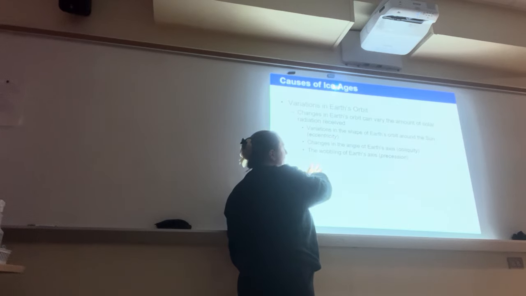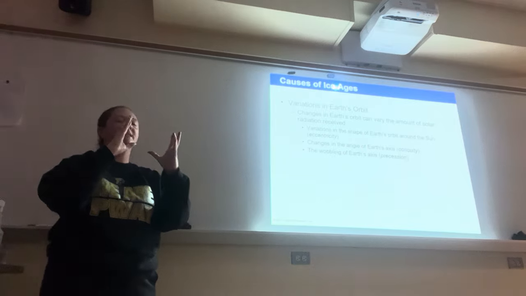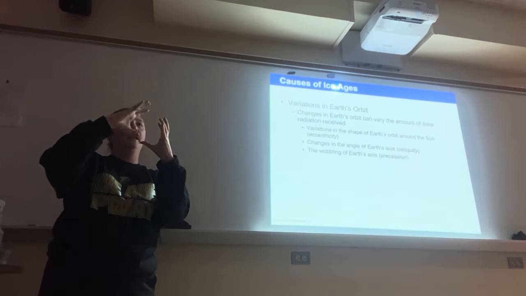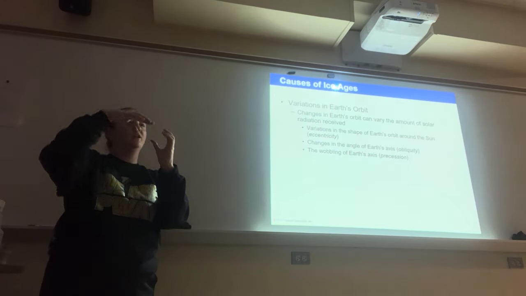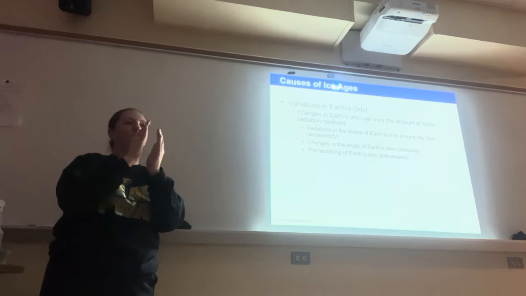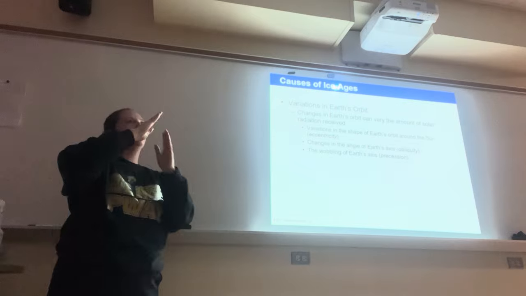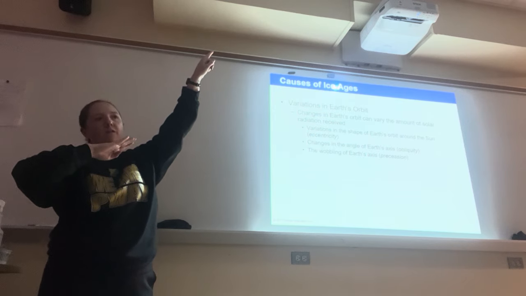But the last Milankovitch cycle is known as precession, and this is the wobbling of Earth on its axis, and this one's kind of confusing. Earth is tilted like this, and it spins every day, but it also wobbles around. Imagine a spinning top as it's about to fall, it starts that little wobble. Earth does that. Right now, Earth's North Pole is pointed right at the star called Polaris, the North Star.